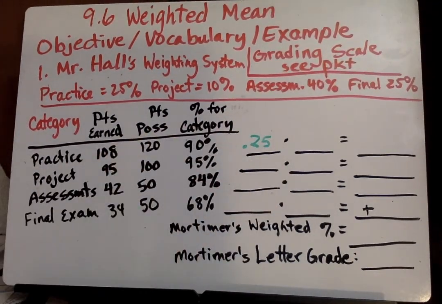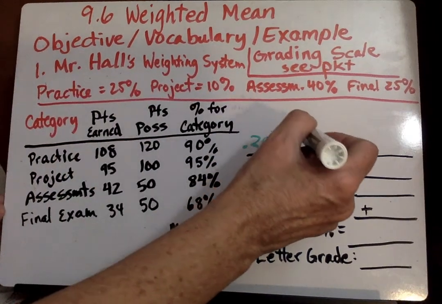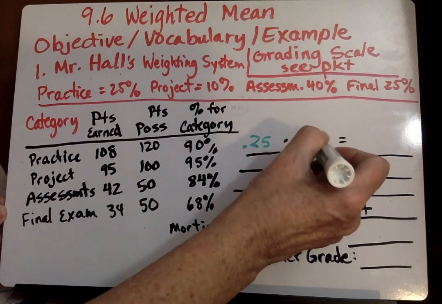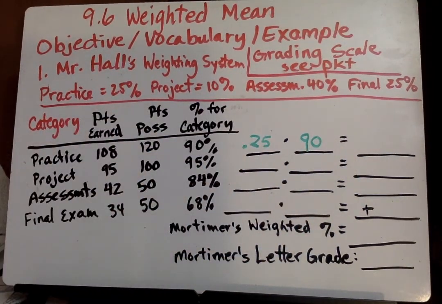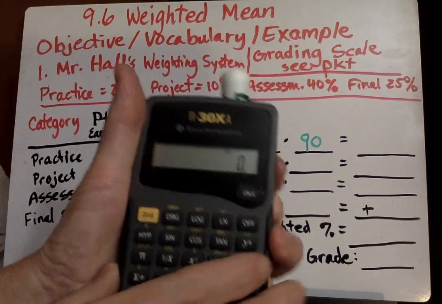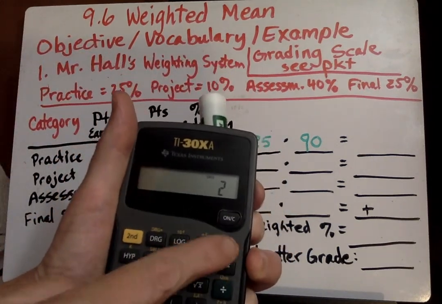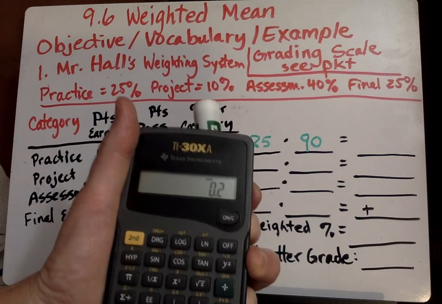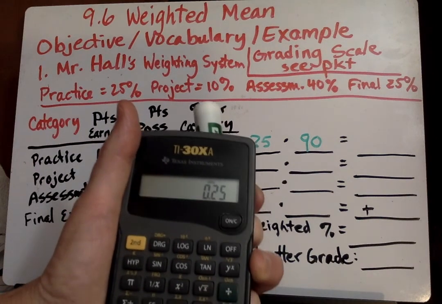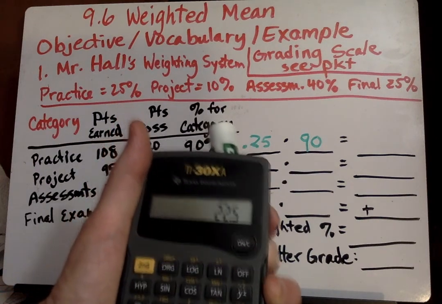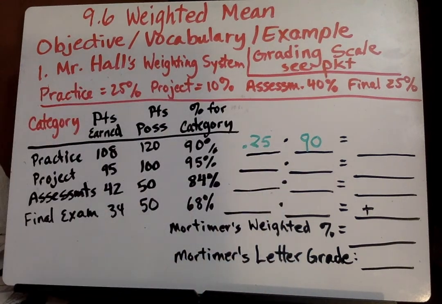Then we put times this 90% right there. So we multiply those two together with our handy dandy calculator. Clear. 0.25 times 90 is 22.5.